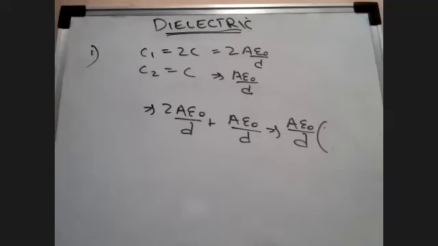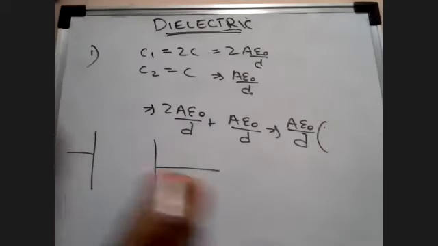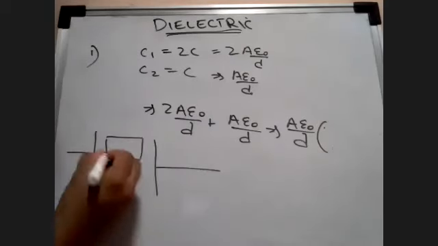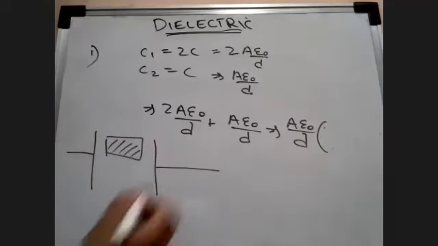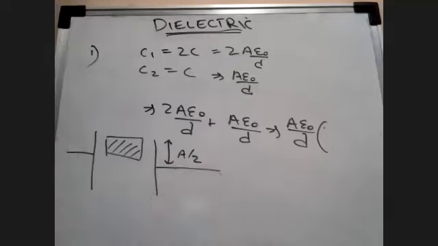But see, remember one thing. What is the thing over here? I told you that when it was like this, the dielectric was like this. What was the area covered by it? A by 2. So substitute that over here. What will you get?